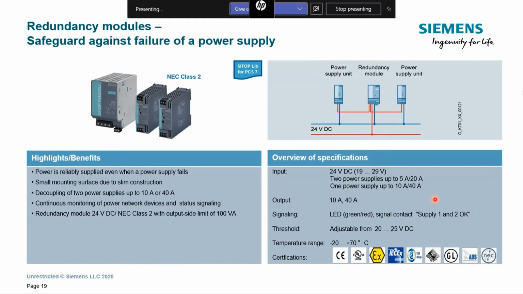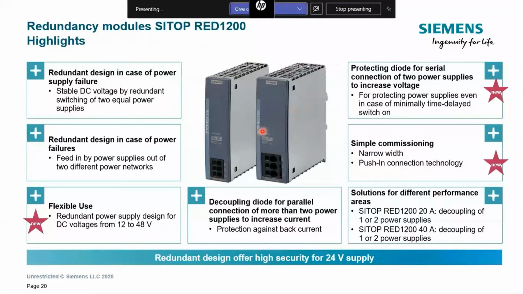And as we said before, when we talked about the PSU6200, that we are going to have one integrated family as much as possible in the PSU6200, which also includes redundancy modules. So now we have these new redundancy modules, which we call the Red 1200.